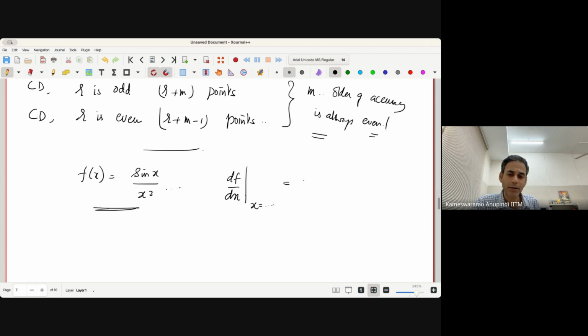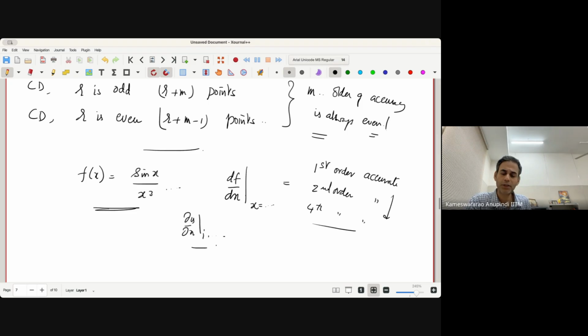I can calculate that with either a first order accurate scheme, or a second order accurate scheme, or a fourth order accurate scheme, and so on. I can use different schemes to calculate df dx. This is basically nothing but your dou u dou x. We have seen several schemes. Again, we can make use of either the forward difference formula or the backward difference formula and so on.